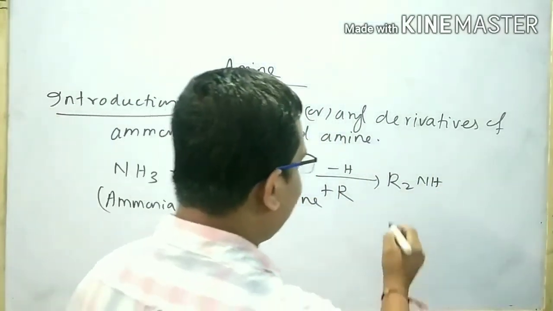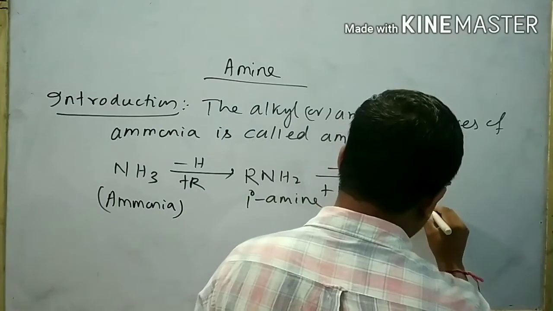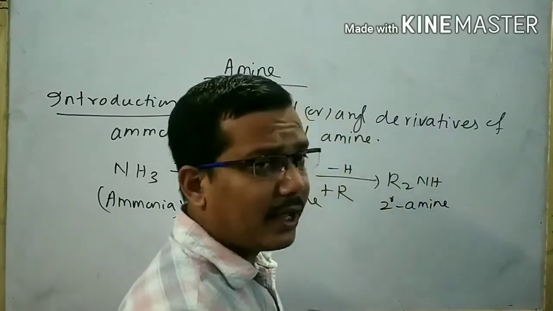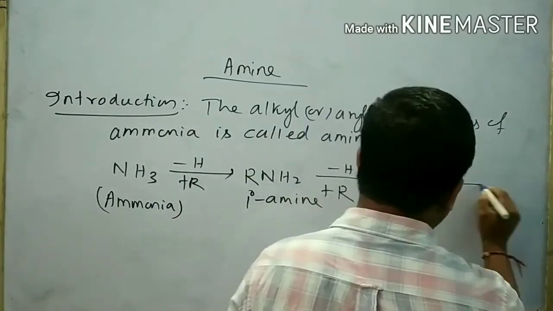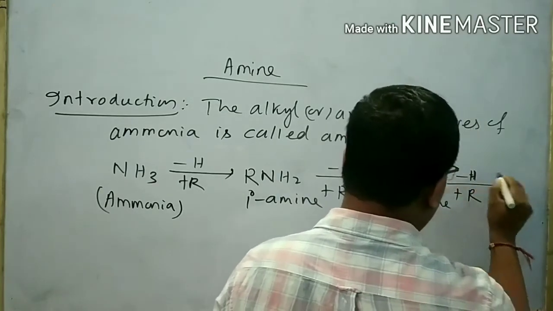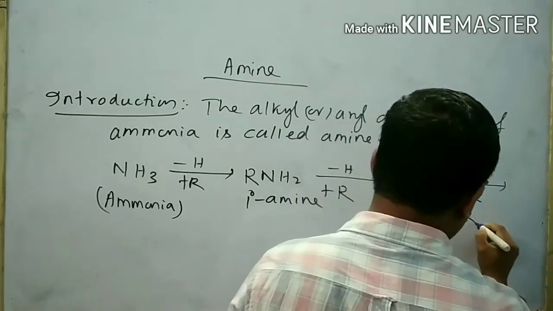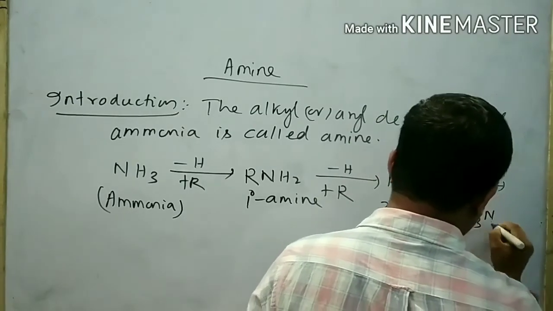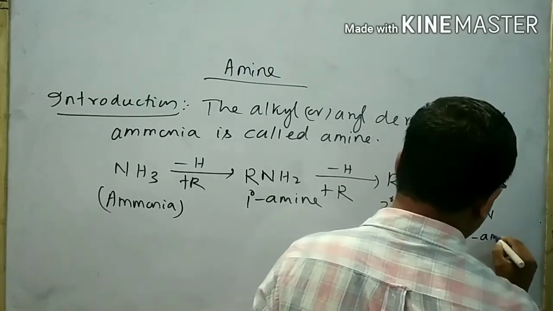That is said to be secondary amine. And again I will remove another hydrogen and add another R, then I will get R3N, that is said to be 3 degree amine.